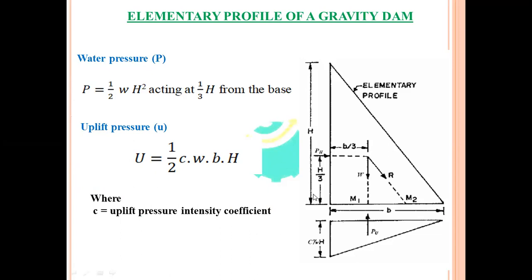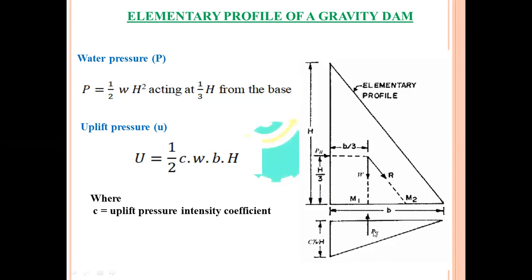That means the water pressure acts at the level of H by 3 from the base side. So the water pressure is half W H square, and it acts at H by 3 distance from the base.